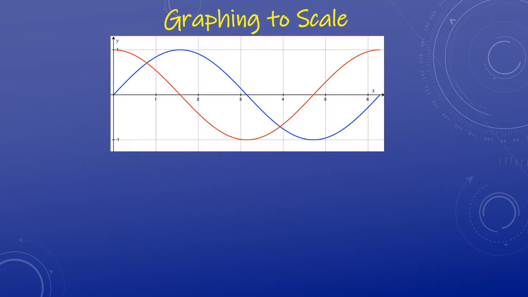Realize, though, that degrees are man-made, created for convenience. Angles are truly expressed in radians, which have no units. They are pure numbers, just as are the sine and cosine of angles. So when graphed, we can graph them to scale, with one unit on the x-axis representing the same distance as on the y-axis.